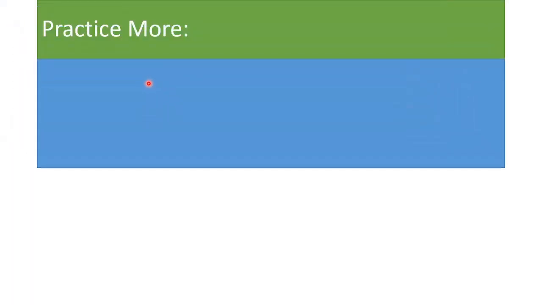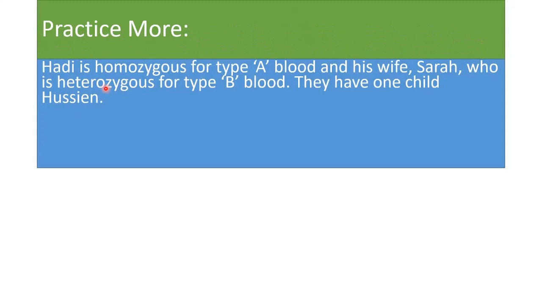Let us see if you have understood this part. I hope that you will practice more now. For this exercise, we have Hadi, who is homozygous for type A blood, and his wife Sarah, who is heterozygous for type B blood. They have 1 child, Hussein.